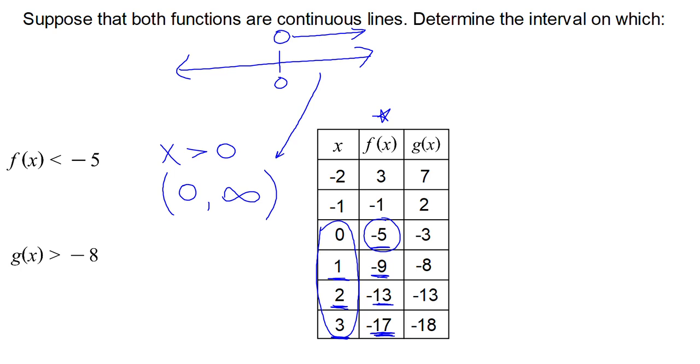If we want g of x to be greater than negative 8, we'll look in the g of x column for negative 8 and find the numbers that are greater than negative 8. So negative 3, 2, and 7 are all more than negative 8, right? Positive numbers are more than negative numbers. So we're interested in the numbers that are less than 1, because 0, negative 1, and negative 2 in our x column are less than 1.